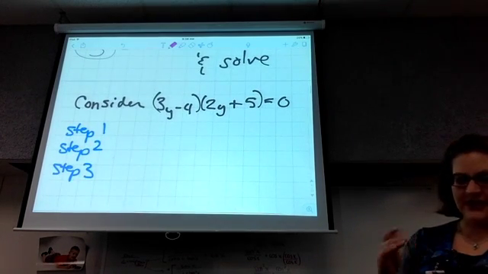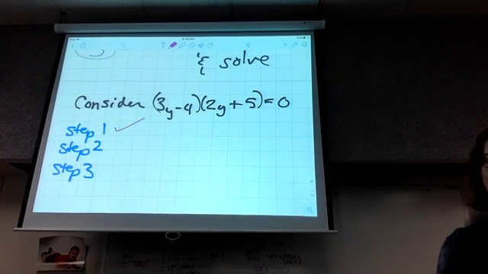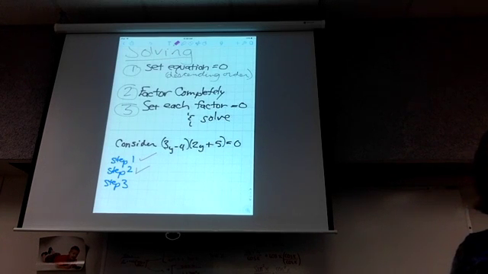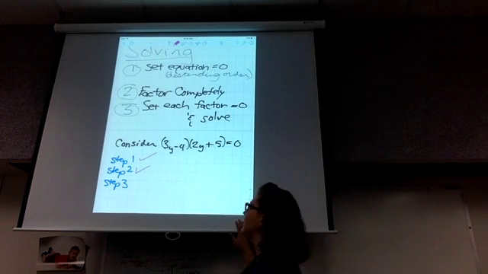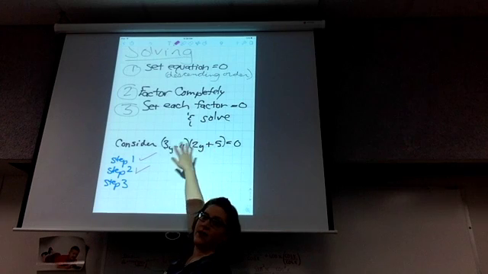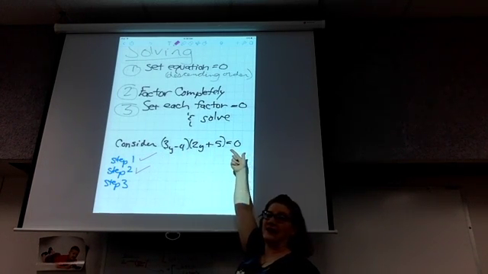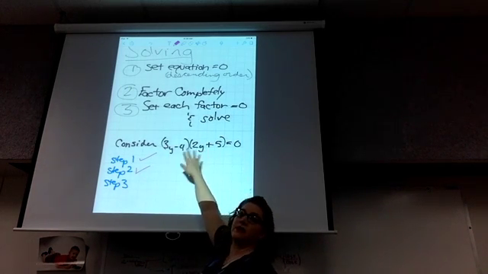Okay, so let's look at this particular problem. Step 1, set equal to 0. Well, technically that's already done. Step 2, factor completely. That's already done. Step 3, the reason that step 3 is to set each factor equal to 0 is because if you are multiplying two things, and their answer is 0, what we know about that is our zero product property, that one of these has to equal 0.